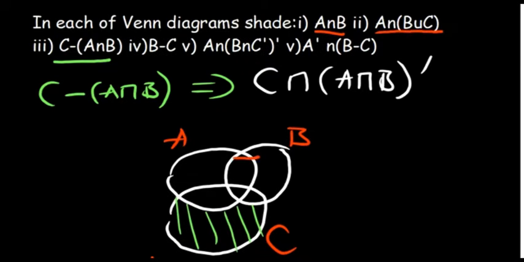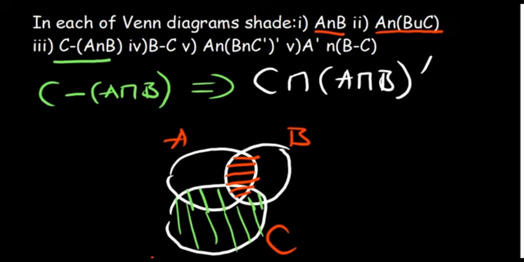The intersection region is this one. So we exclude that part. That is the region that we are excluding. So what we are going to remain with is basically just this part, because we're looking at the part of C excluding A intersection B. The intersection is what I've shaded in red. So the green part is what we are interested in.